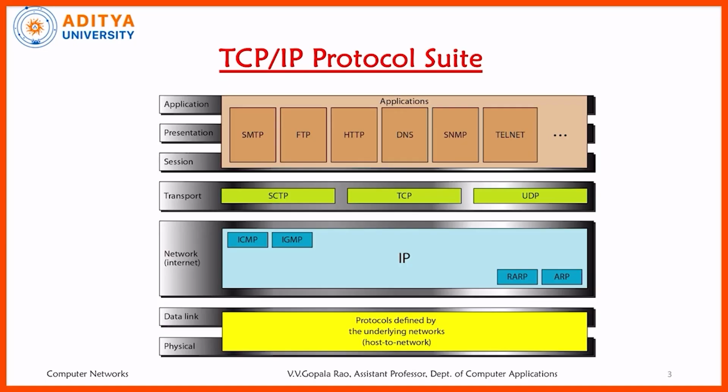Basically, the TCP/IP protocol suite is a list of protocols designated in TCP/IP. It is meant for selecting the protocol based on the application which the user is interested to follow. Services are of various kinds. Suppose I want to send a mail, I have to go for a specific protocol.